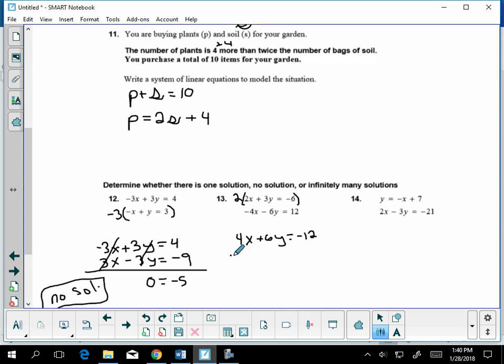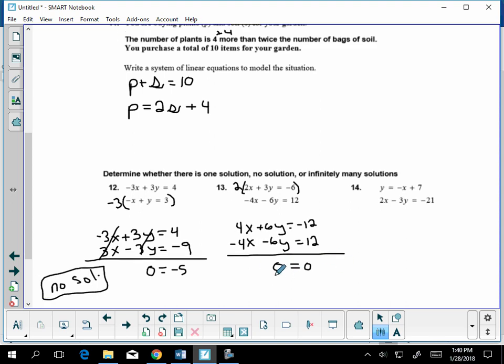Rewrite the bottom equation, negative 4x minus 6y equals 12. Well, if you add everything together, you're going to get 0 equals 0. Well, everything cancels out, and 0 does equal 0. So that one is going to be infinitely many solutions.